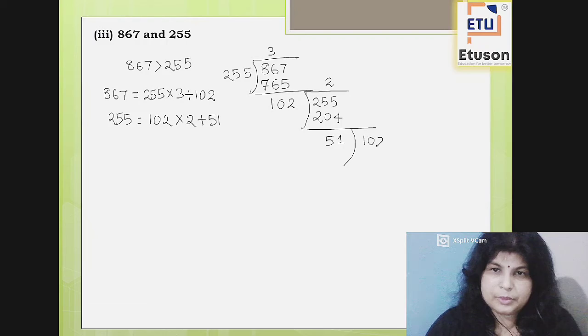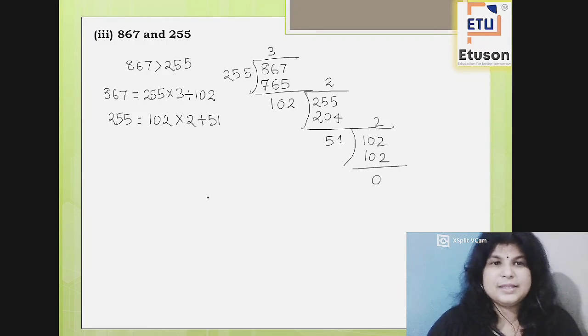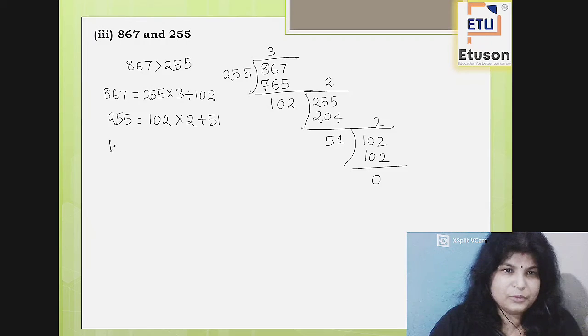So you have to go further. So 102 becomes your dividend. Now you check. So you multiply 2. 2 becomes your new quotient and your remainder becomes 0 here. So let us write down the final step. So where 102 is equal to 51 into 2 plus 0. So your 51 is the HCF. So how you are going to write it?